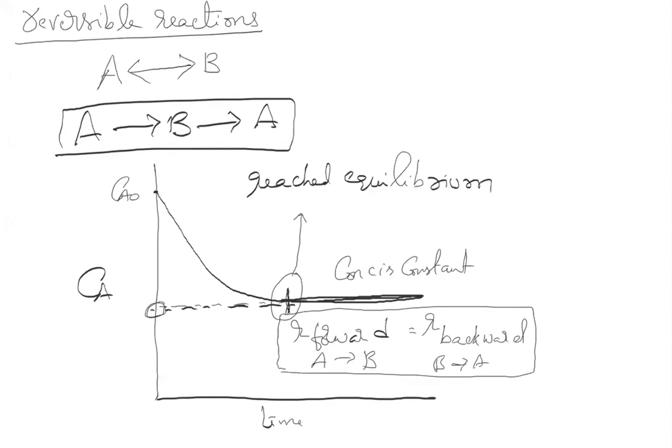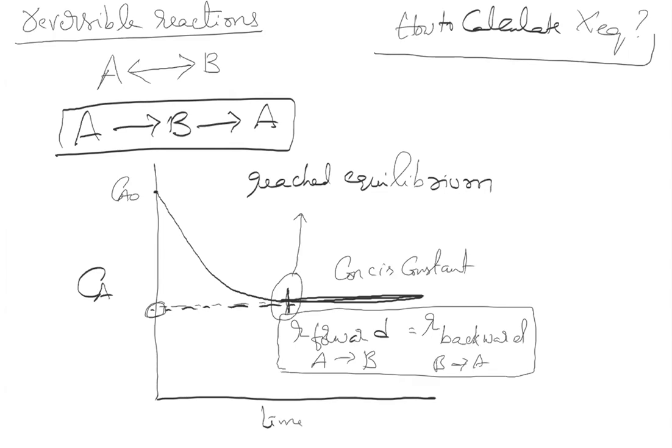Clear? So how do you calculate equilibrium conversion, X equilibrium? Rate of forward reaction is equal to rate of backward reaction.